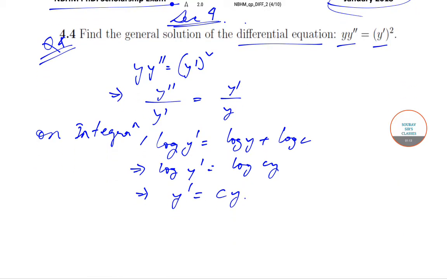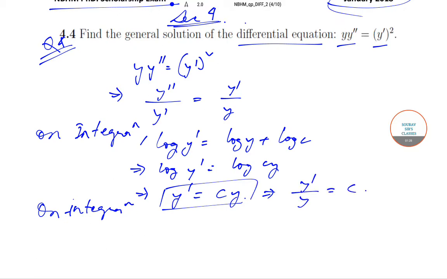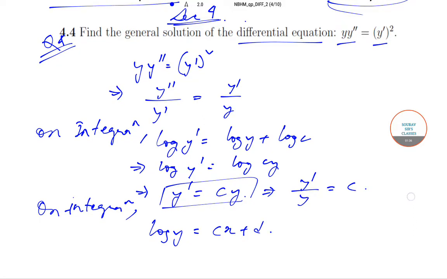We'll integrate once more. First we'll take this form to y dash by y is equal to c. So this will give us, on integration, log of y is equal to cx plus some constant, suppose d.